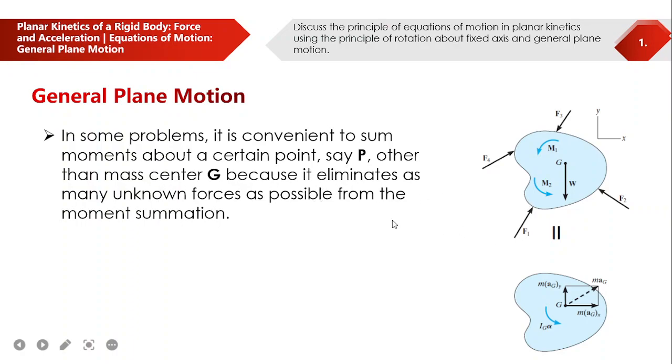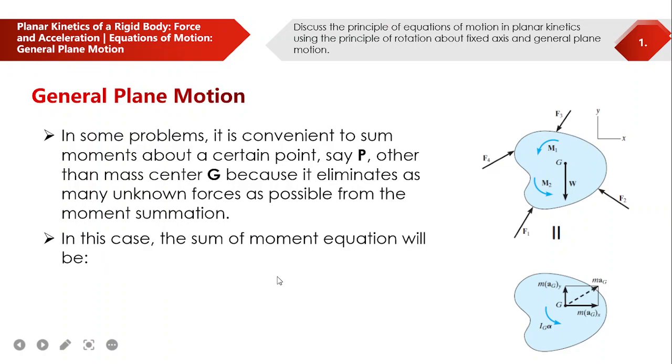Kaya nasa point O kanina. So, meron mga forces na ma-eliminate. Ganun din yung medyo convenient na gawin when we are dealing with this kind of problem. So, kailangan natin mag-allocate ng certain point, no? To eliminate some forces.